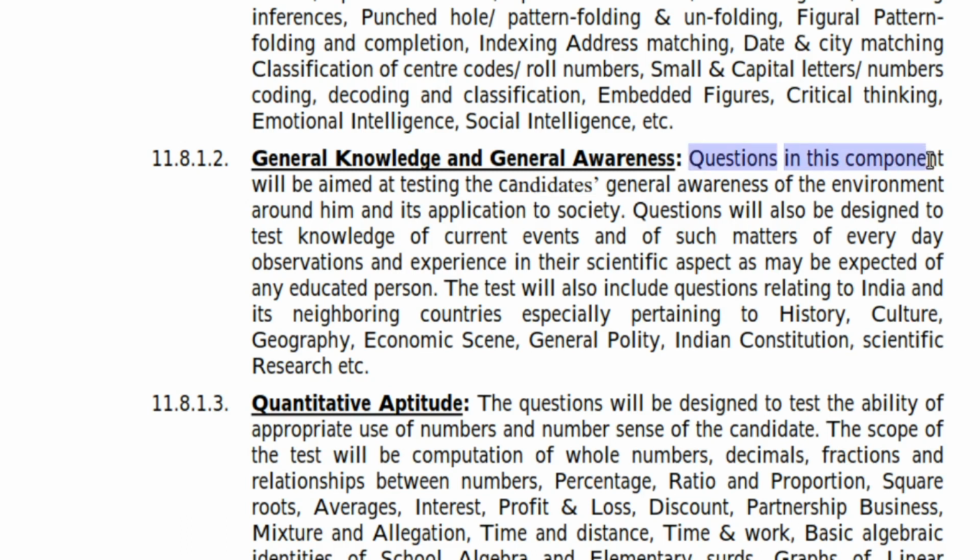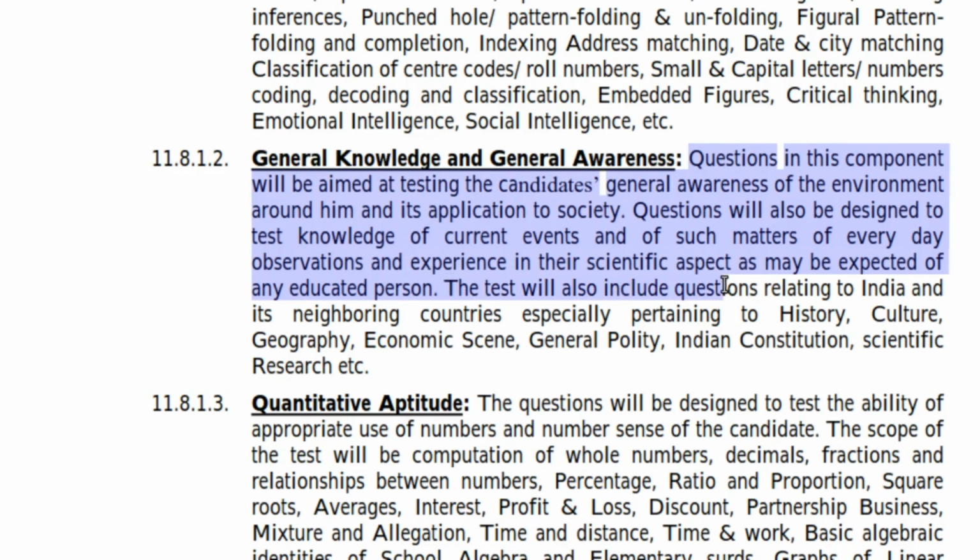Questions in this component will be aimed at testing the candidate's general awareness of the environment around him or her and its application to society. Questions will also be designed to test knowledge of current events and of such matters of everyday observation and experience in their scientific aspects as may be expected of any educated person.